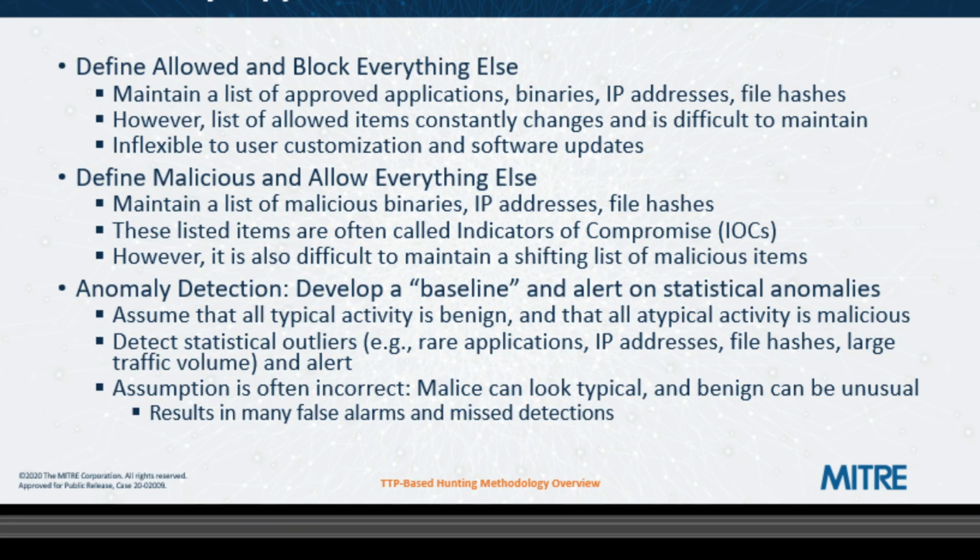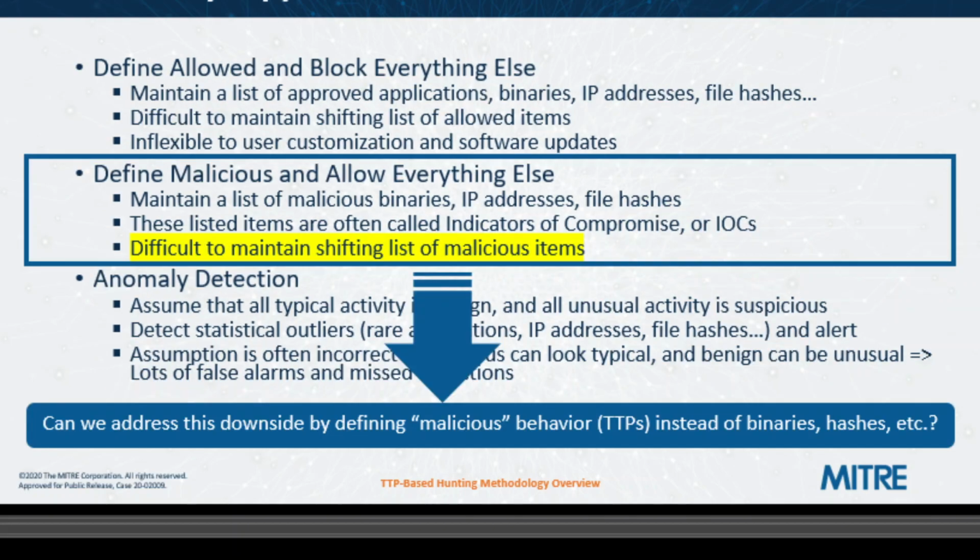In summary, we can define what's allowed and block everything else. We can define what's malicious and allow anything else. Or we can develop a baseline and look for anomalies. So we looked at one way of defining what's malicious, which was around the signature-based approach.